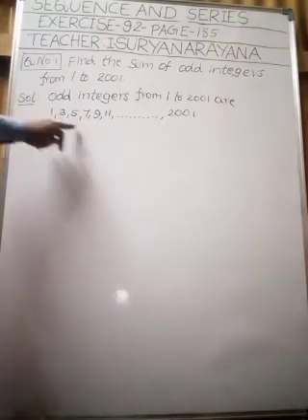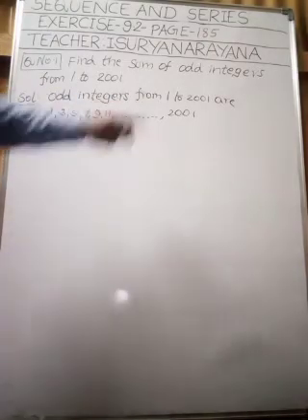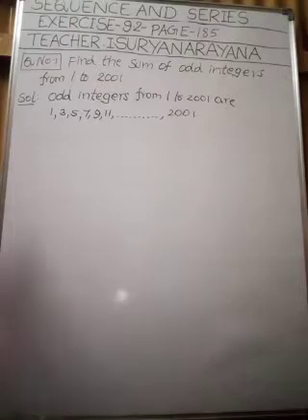These are the odd integers from 1 to 2001. Now we have to find the sum of all these numbers.